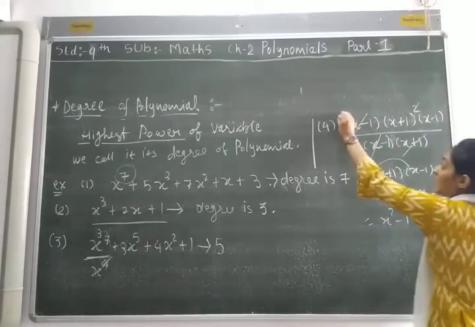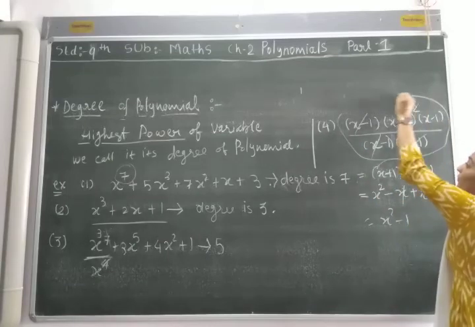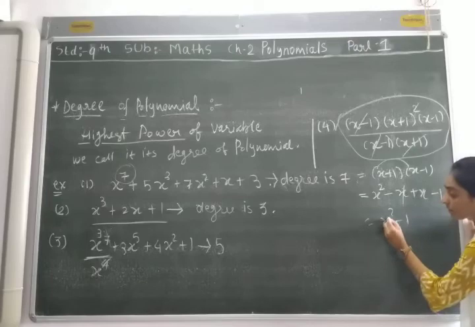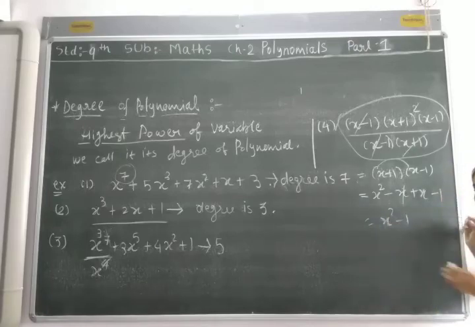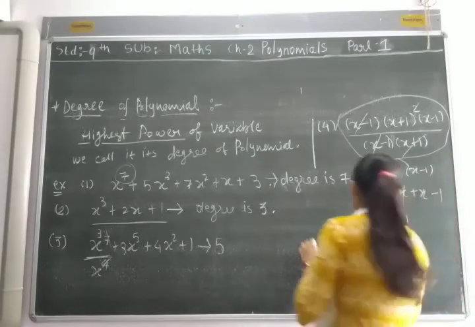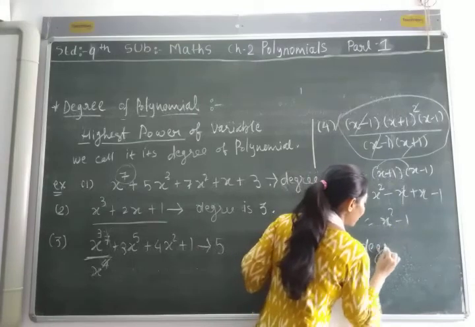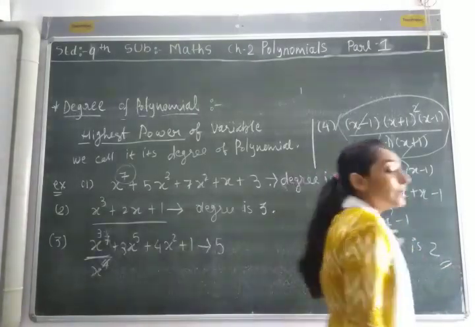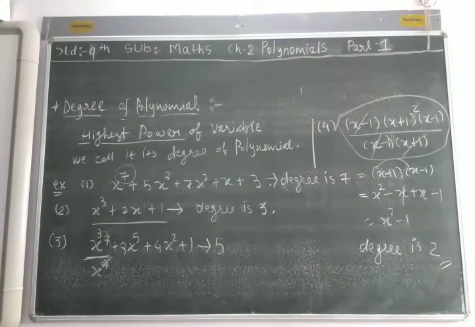So I am saying the degree of this polynomial is 2 only after simplifying.